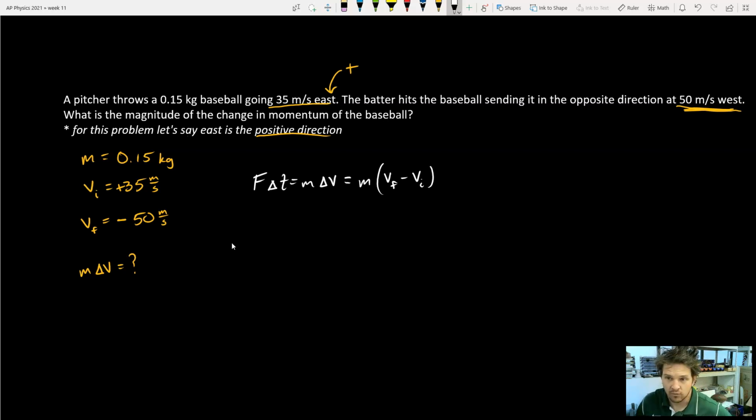And now we can plug in what we have. Mass is 0.15 kilograms. The final velocity is negative 50, so negative 50 minus the initial velocity, which was positive 35.